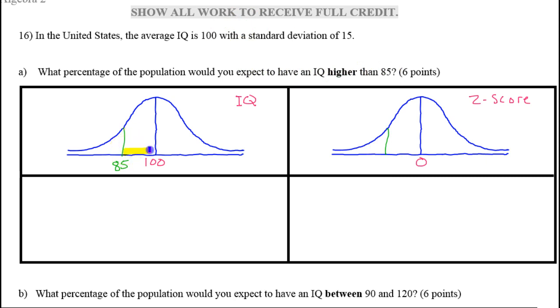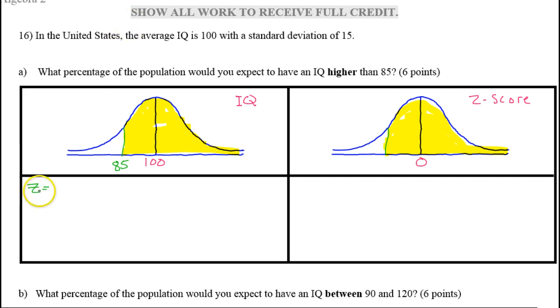So this time I'm going to be interested in the values to the right, so I'm going to shade over here to show that. Okay, and similarly I'm going to shade over here for the same reason. Alright, these percentages should be the same. But we need this z-score before we can go any further.